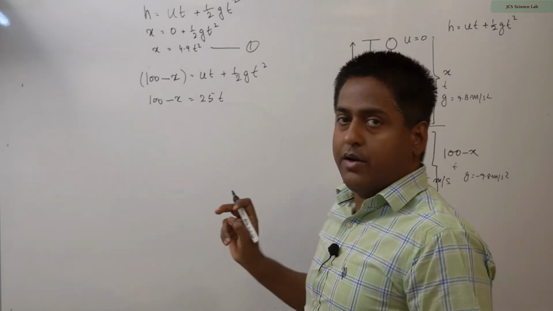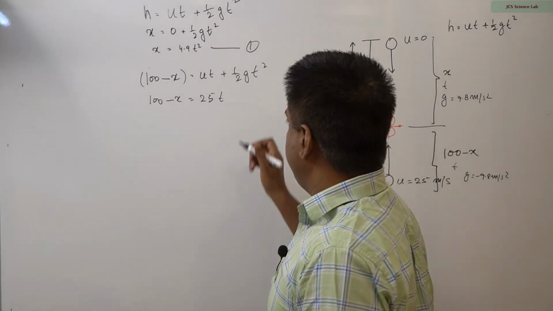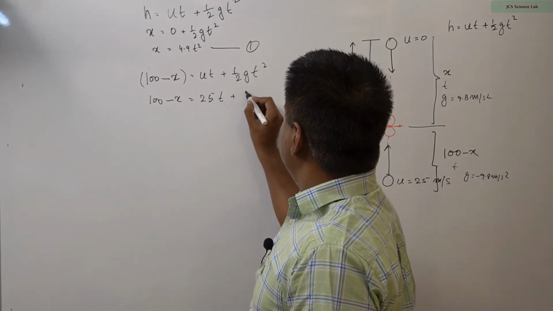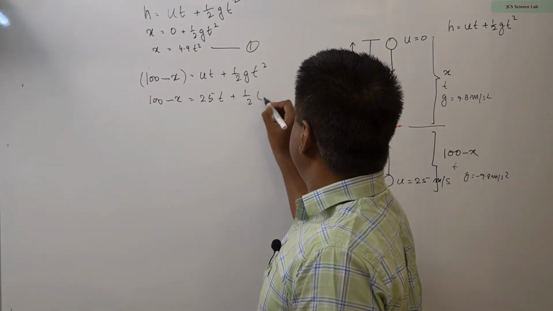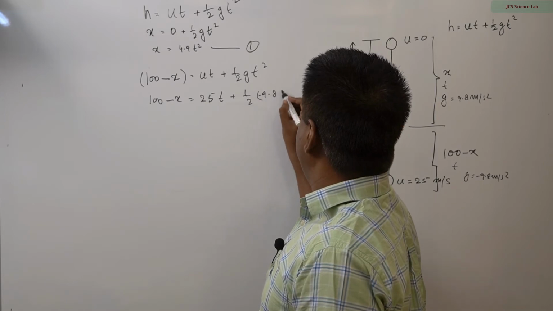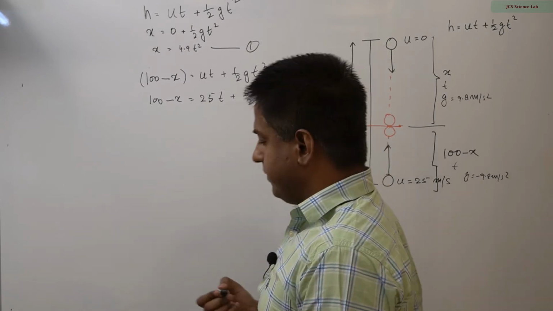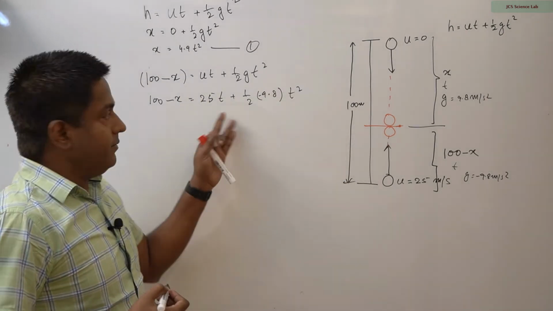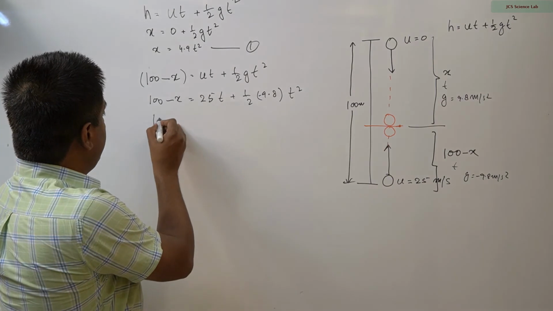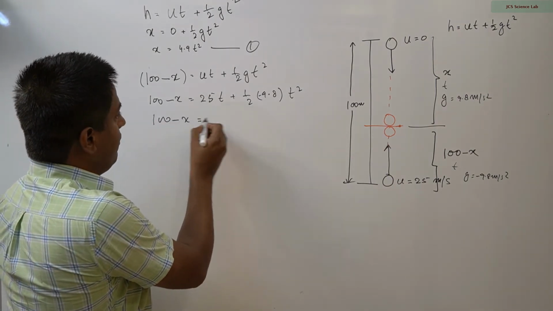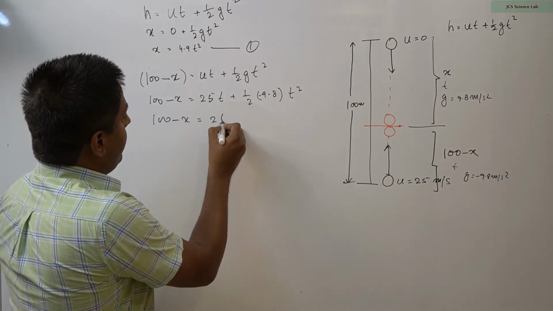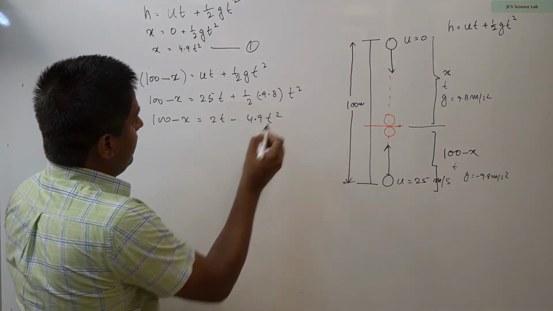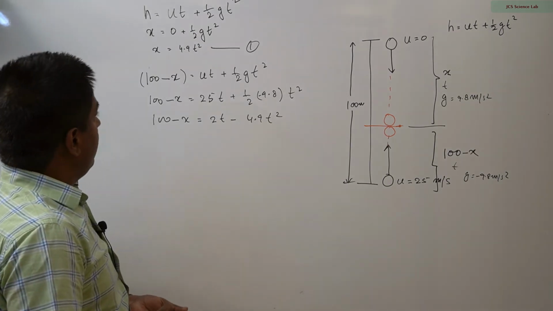Initial velocity is given here, 25, right, into t, plus 1 by 2, minus 9.8 t square, correct? If you see here, we can solve this. 100 minus x is equal to 25t minus 4.9 t square, correct?